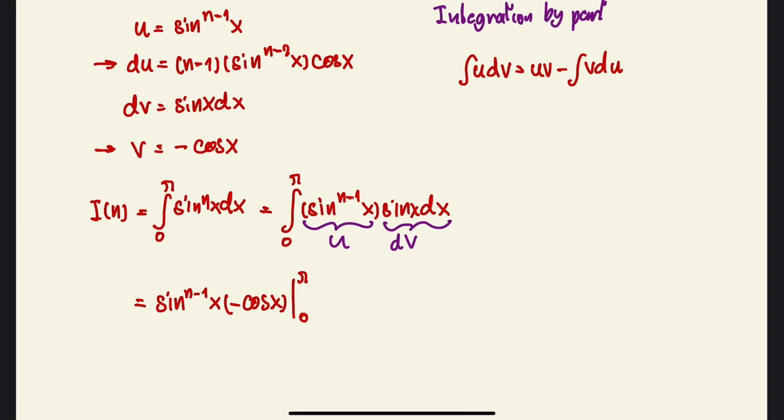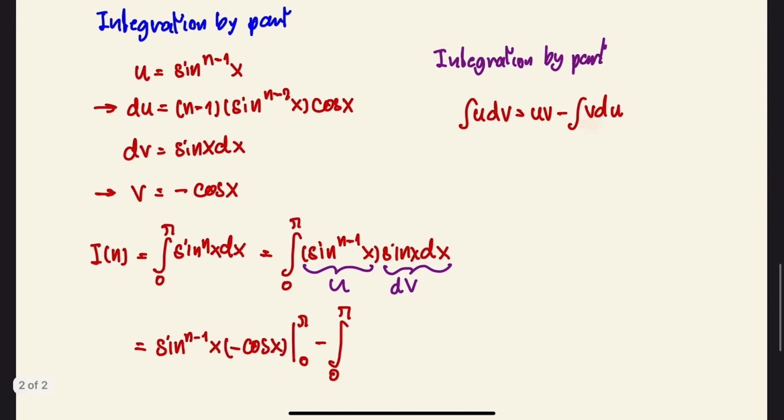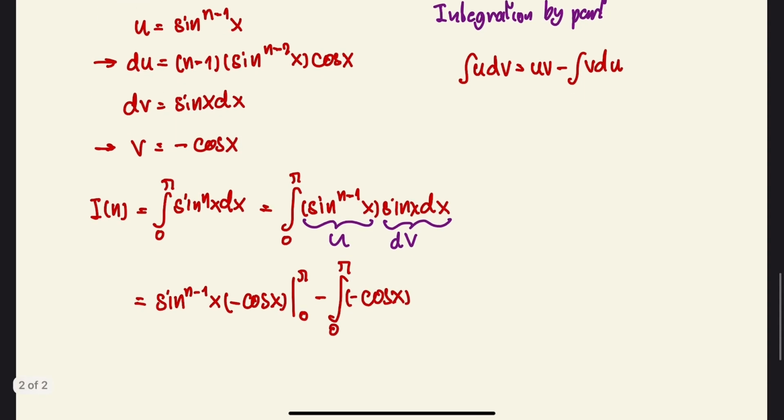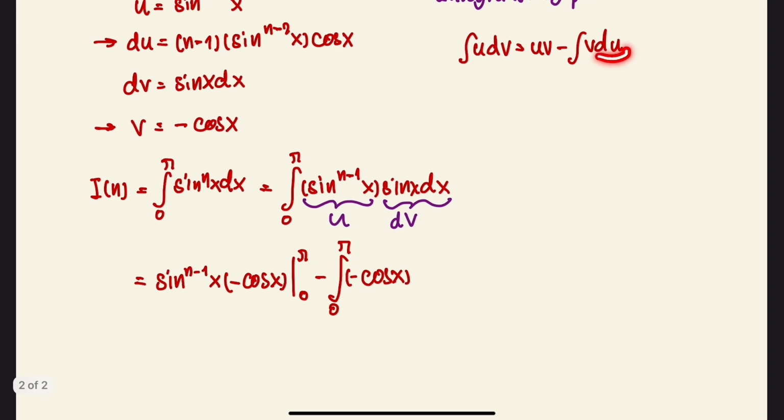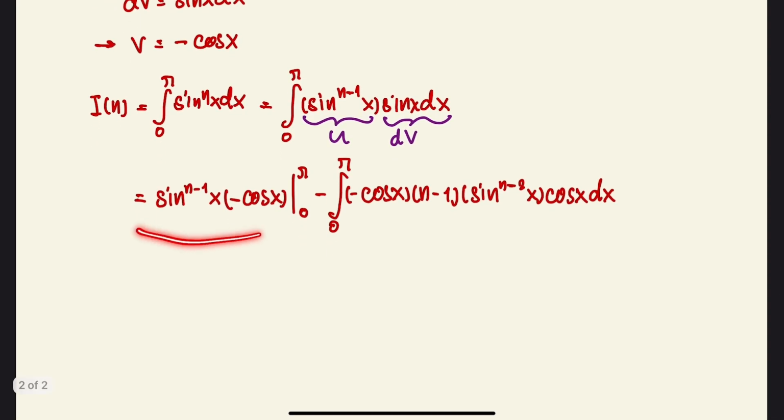And then minus the integral from 0 to pi of v, which is minus cosine of x, times du, which is n minus 1 sine raised to the power of n minus 2 x cosine x dx.